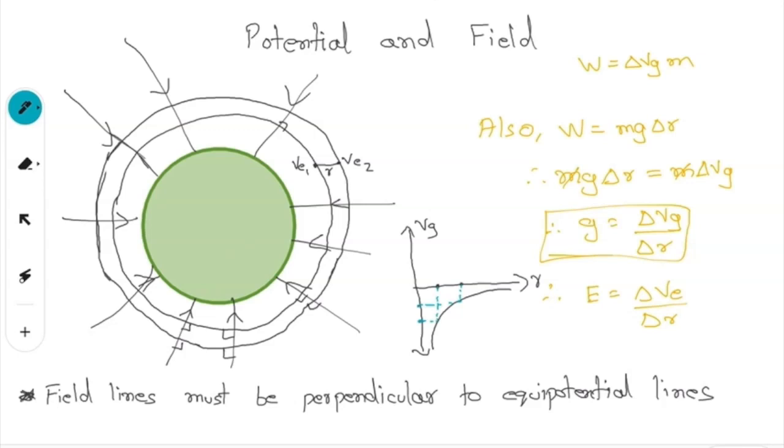Well, this line in blue would represent the change in gravitational potential. It would be this value minus this value, and then this value minus this value over here would give you the change in distance.